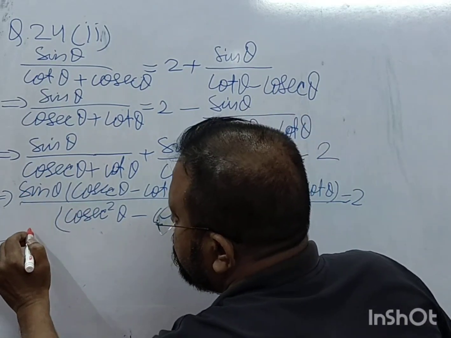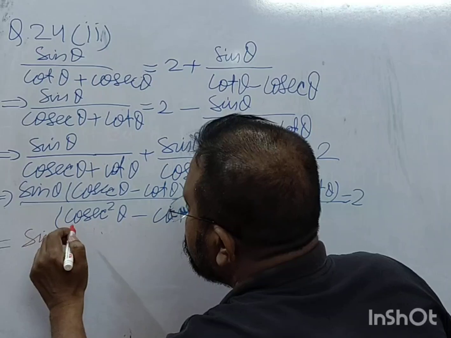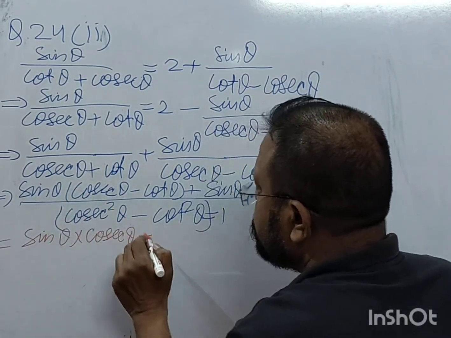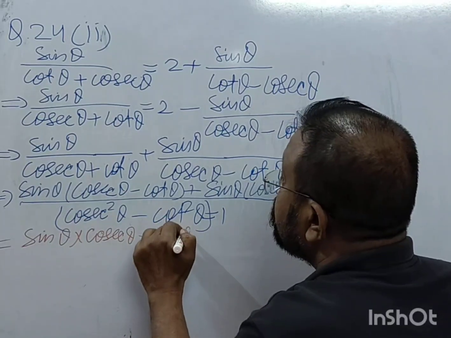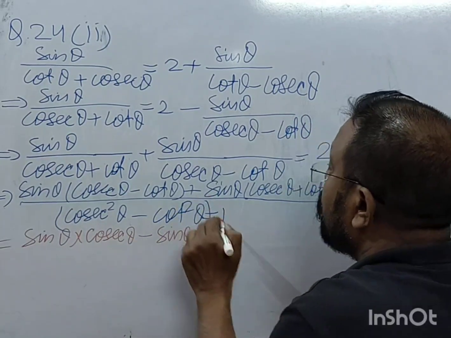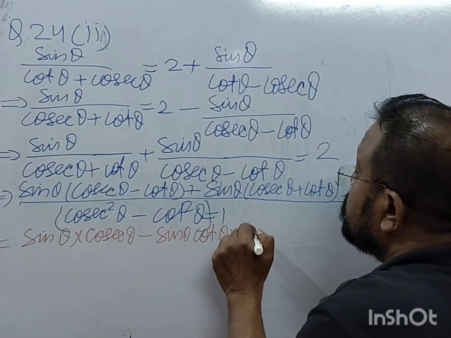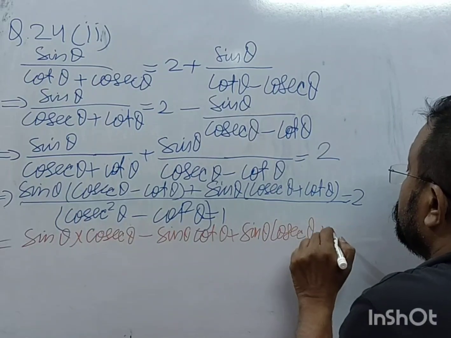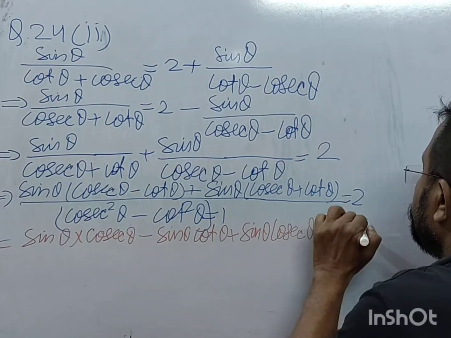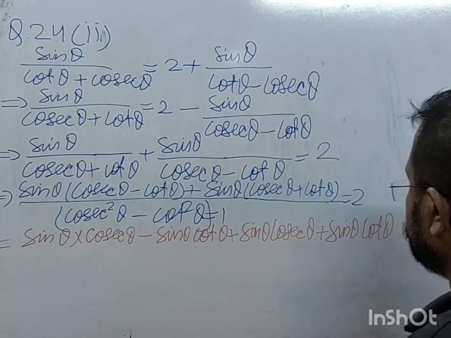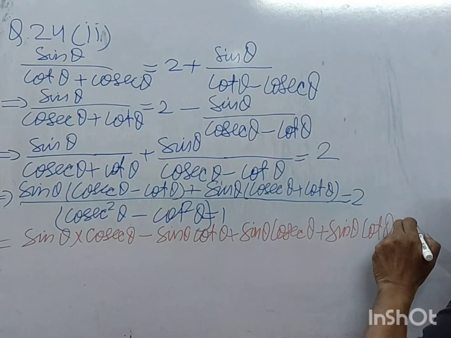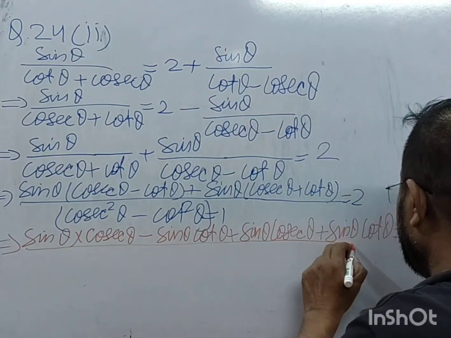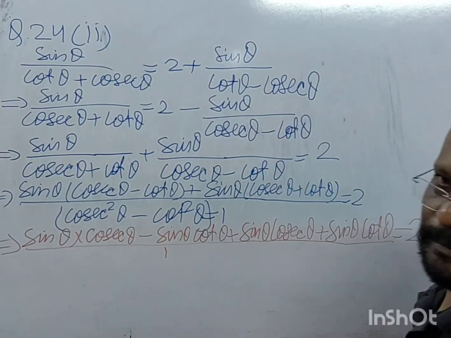And you get sin theta into cosec theta minus sin theta cot theta plus sin theta cosec theta plus sin theta cot theta is equal to 2. In the denominator we get 1.